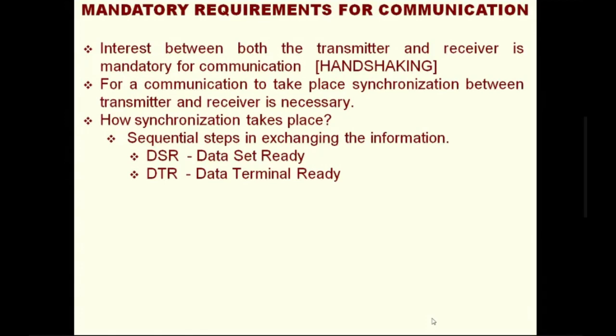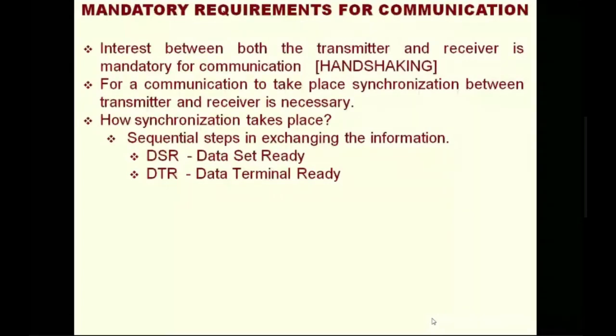So let us say the transmitter is a PC and the receiver is a printer. The printer is available, but it might be printing. It will take some time to read the data from the PC. So the PC should get an acknowledgement from the printer before it sends the data.